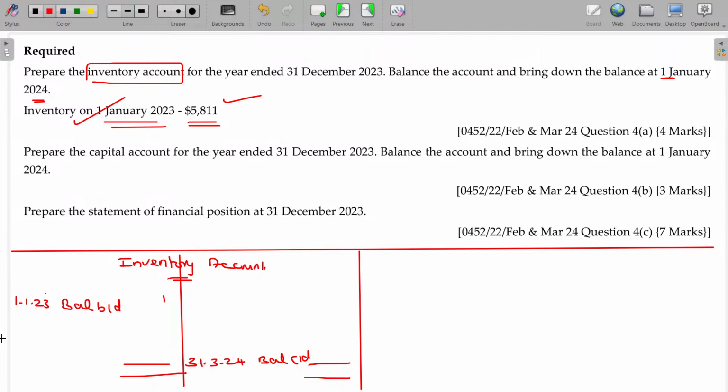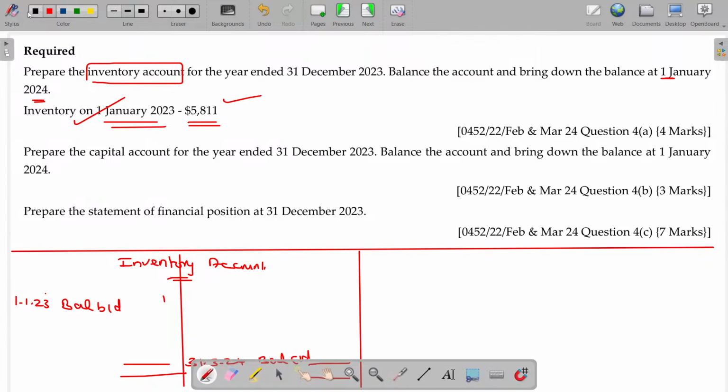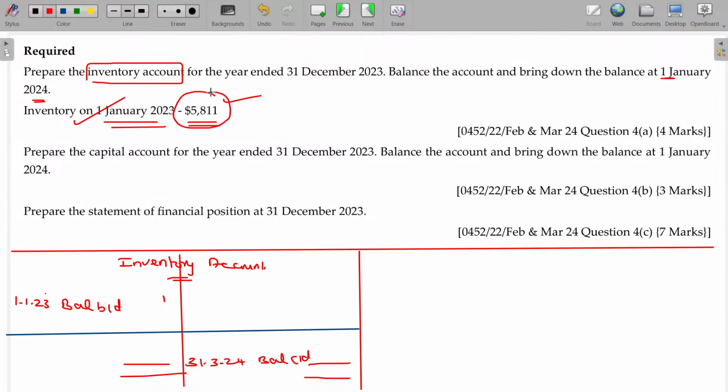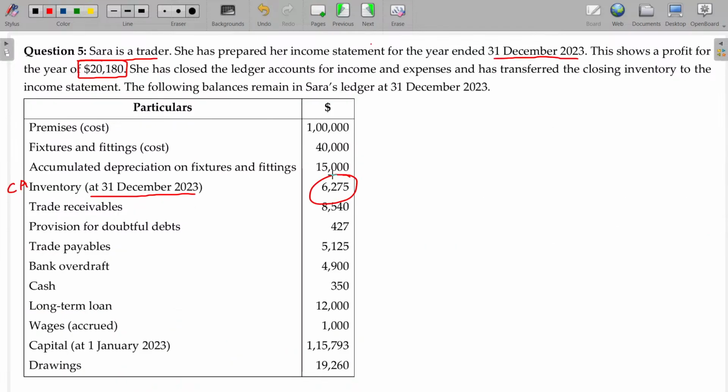You have to split this into two blocks. This is the opening inventory, 5811, and the closing inventory is given here, 6275.